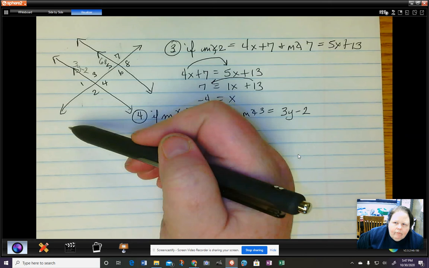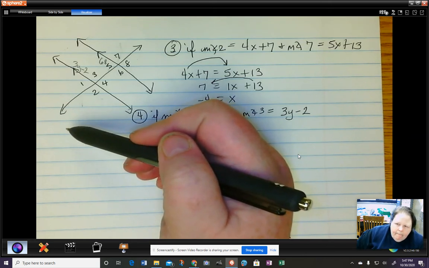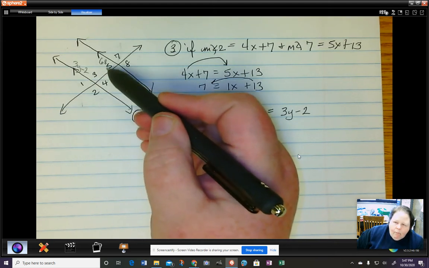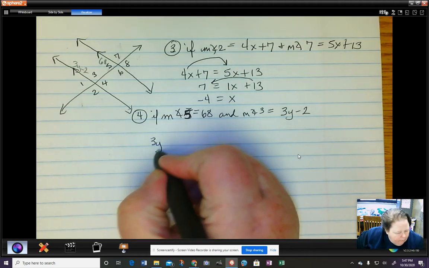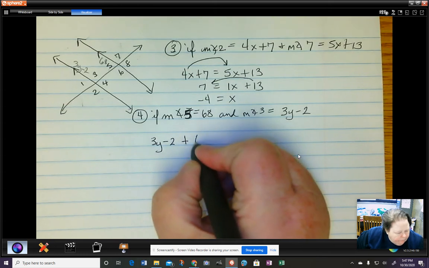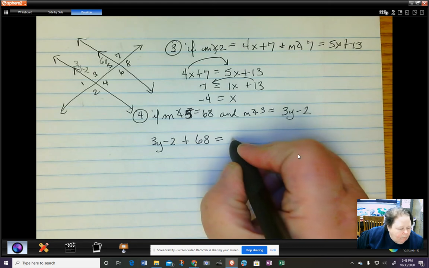Starts with an S. Same side interior means what? They are supplementary. They add together to make 180. So I'm going to start off with 3y minus 2 plus 68 equal to what number? 180.